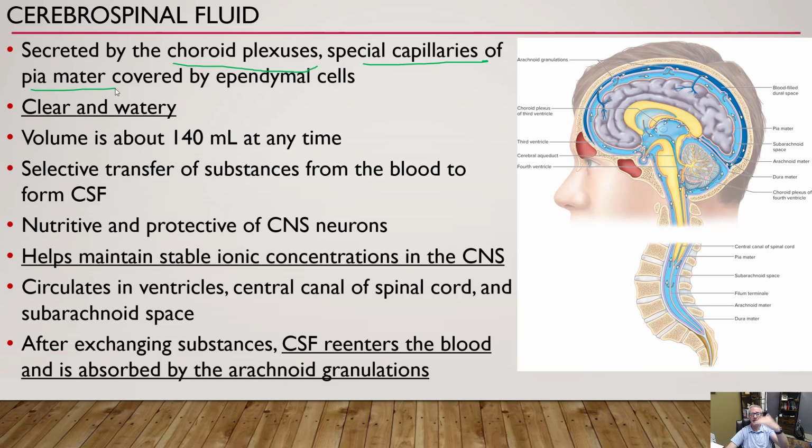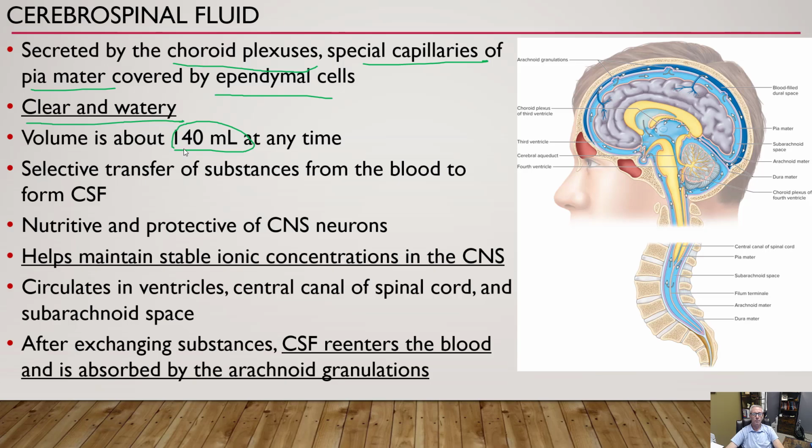Remember, pia mater is that inner layer of the meninges covered by these things called ependymal cells. We briefly mentioned ependymal cells last chapter. Cerebral spinal fluid should be clear and watery. So kind of essentially looks like water. We have about 140 milliliters of cerebral spinal fluid at any given time.